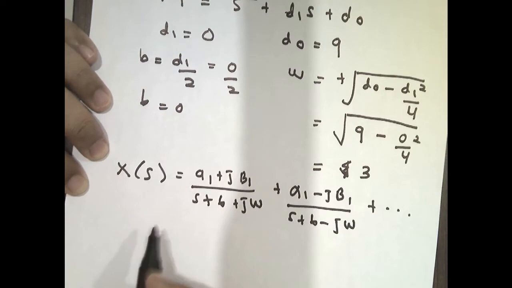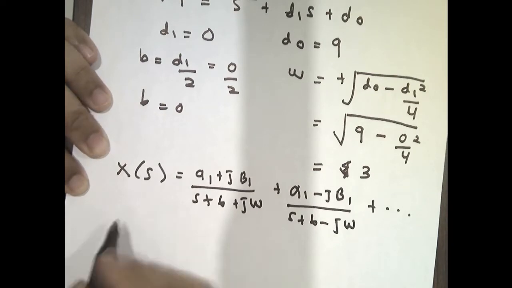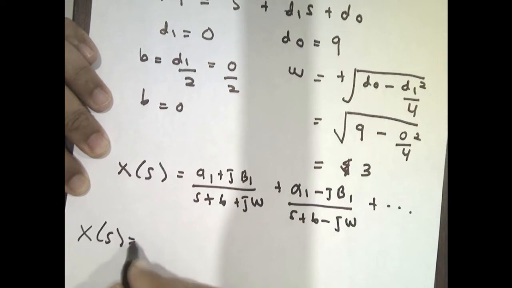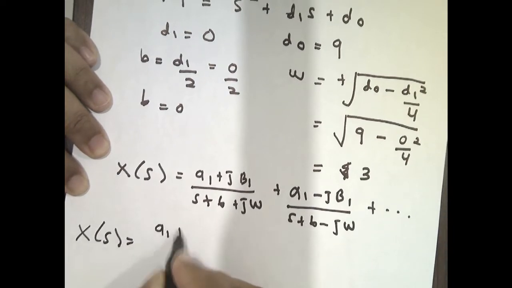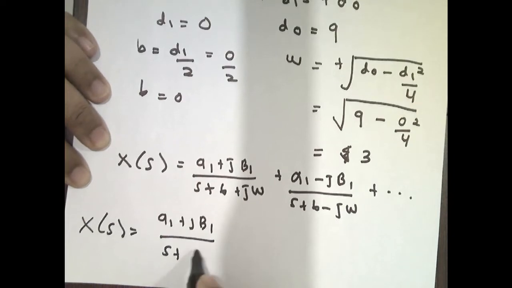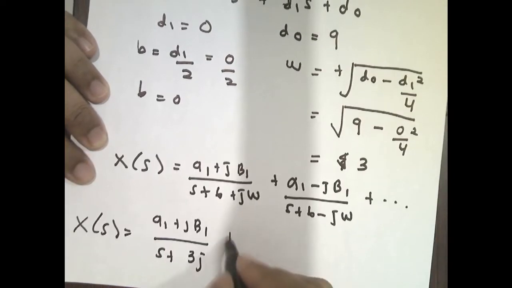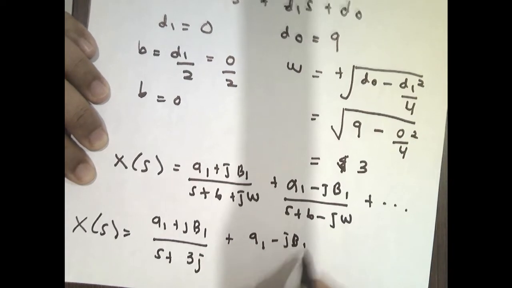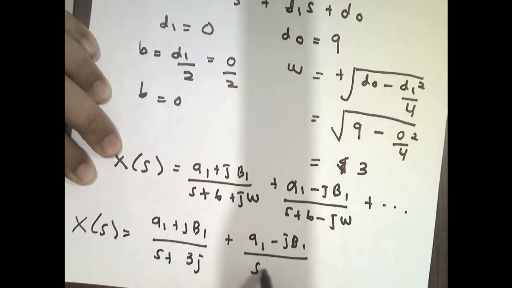So in this case, what we have here is X(s) equals (a1 plus j b1) over (s plus 0 plus 3j), because our w is 3 and our b is 0, plus (a1 minus j b1) divided by (s minus 3j).